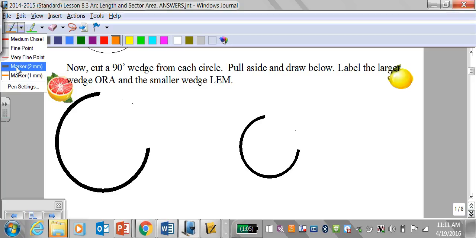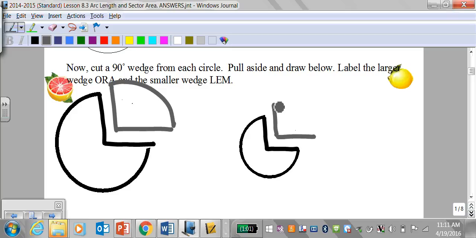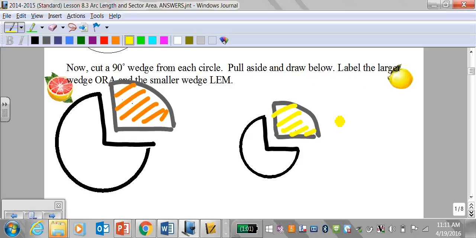Ready? Now, the rest of us, let's draw what we just did. Okay, so we have two wedges here. Our orange wedge and our lemon wedge. So this is now representing this.